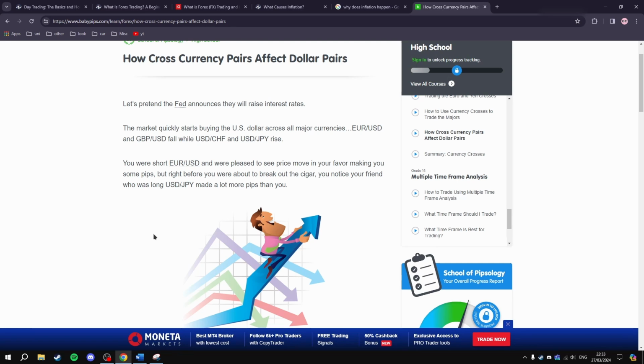So if the interest rate has gone up, everyone starts buying the US dollar, so there's going to be more demand, which causes the price to rise. If the value of the dollar rises, that means it's going to strengthen against the euro or GBP, wouldn't it?